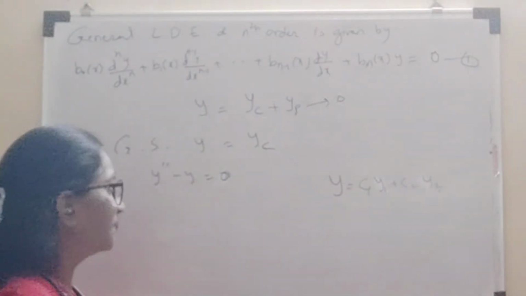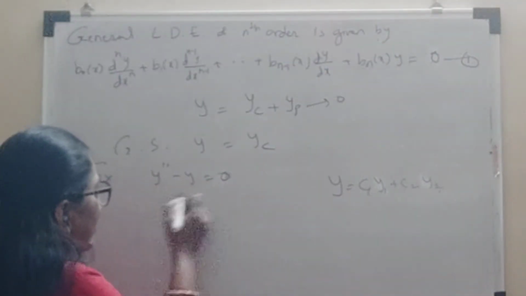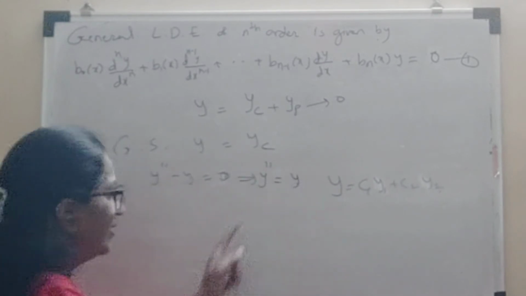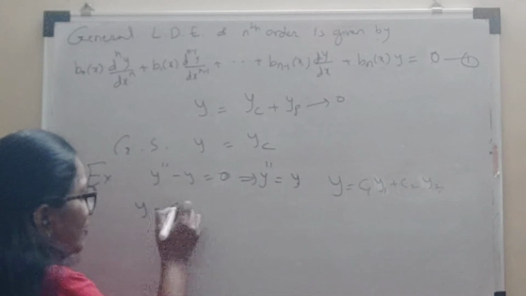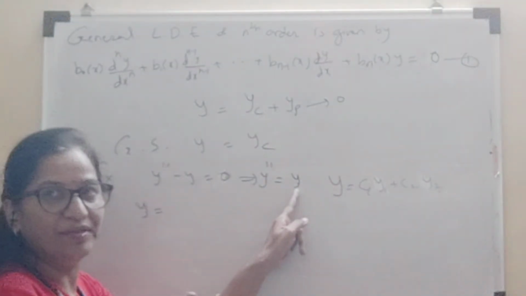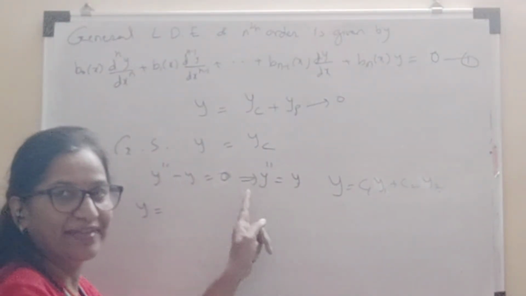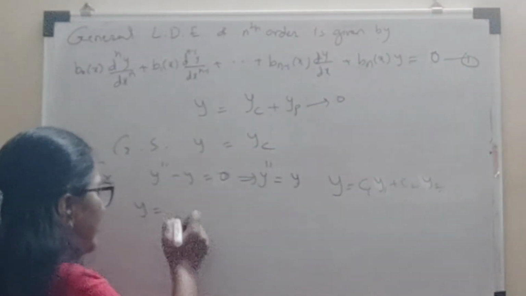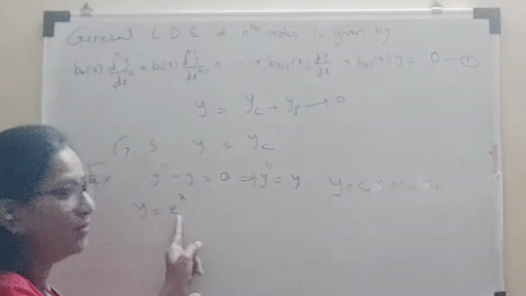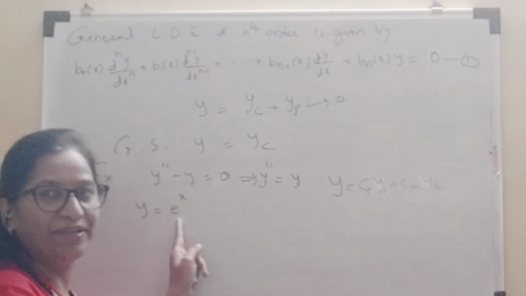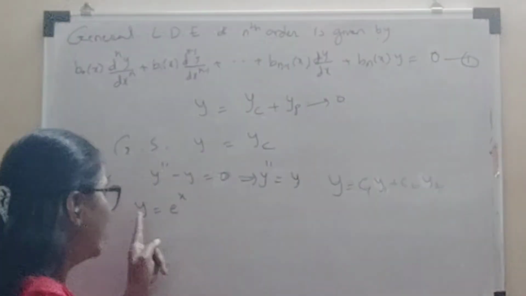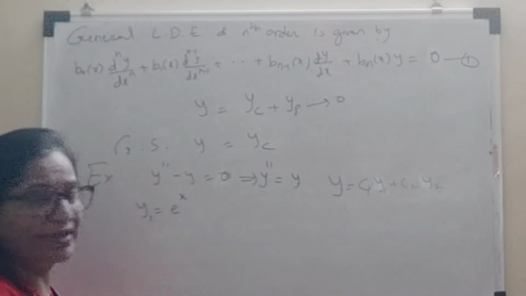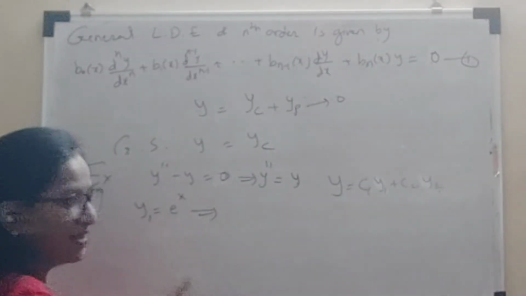So how to check? This differential equation suggests y double dash = y. When the second order derivative of a function is equal to the function itself, suppose I choose e raised to x. We know that any derivative of e raised to x is always e raised to x. So I choose y1 = e raised to x, and then we'll check whether it satisfies the equation.